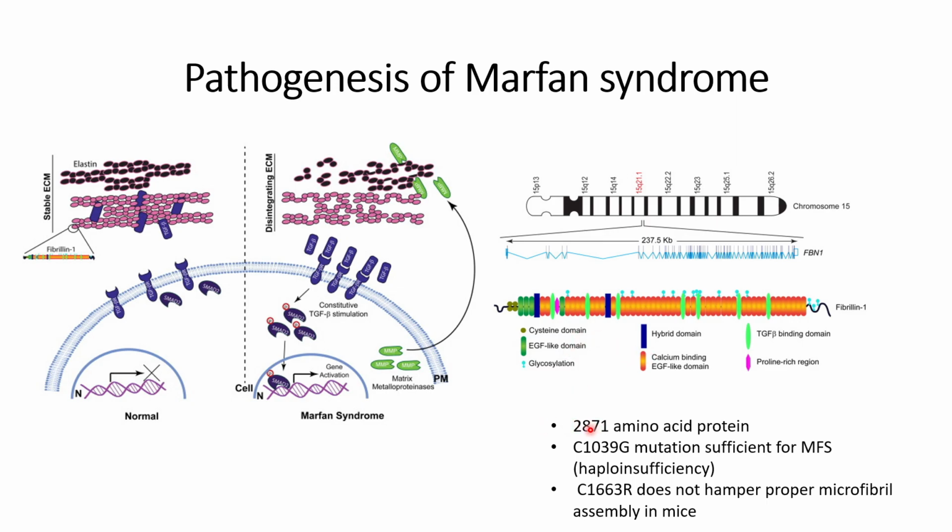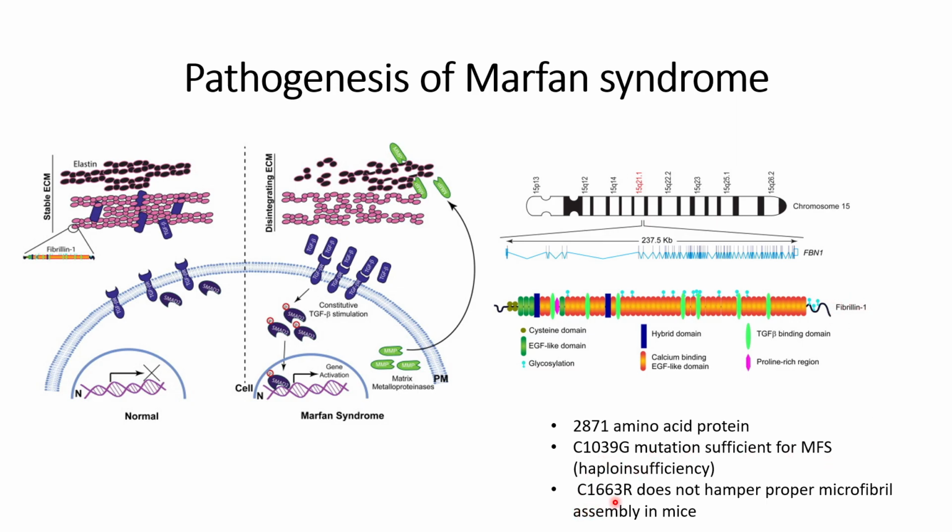So it is a protein that has 2871 amino acids, and if the mutation occurs at the 1039 position, where C amino acid is replaced by G, then it will lead to a condition called haploinsufficiency. This haploinsufficiency means that the other normal genes will not be able to compensate for the normal functioning of this fibrillin 1.